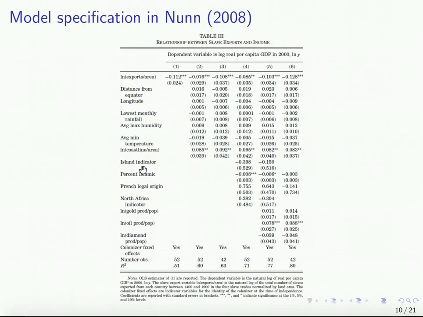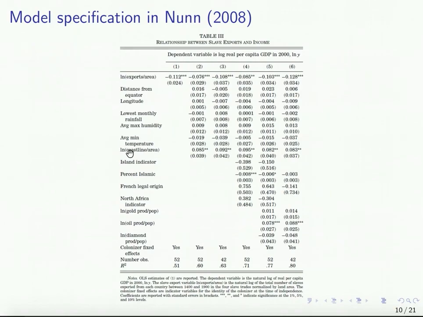These variables are included here because somebody probably raised his hand the first time he showed this result and said, yes, but what if distance from equator matters? Or what if the lowest monthly rainfall matters? Or what if the average maximum humidity matters? And so on, or average minimum temperature. What's the idea? These may be omitted variable bias.